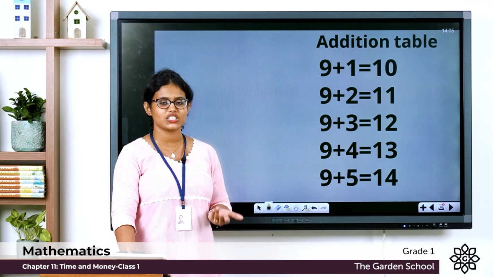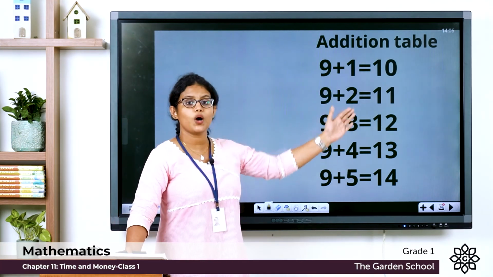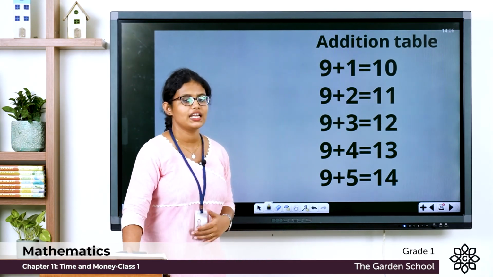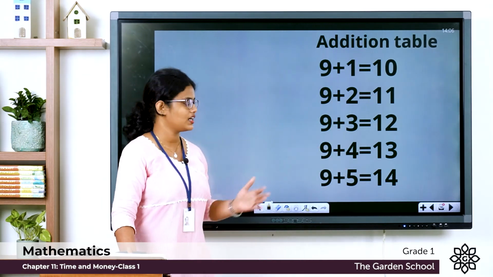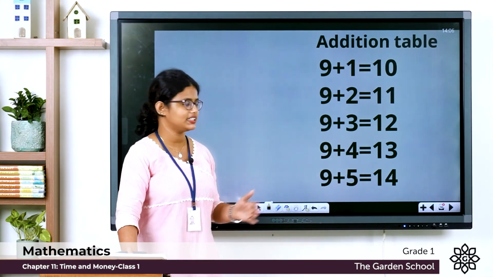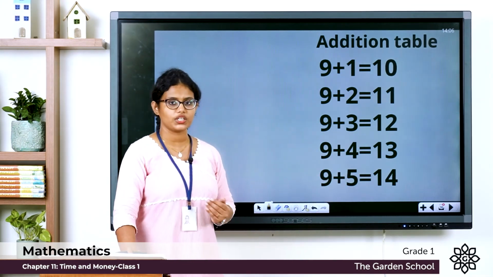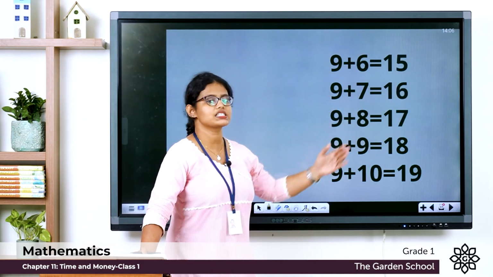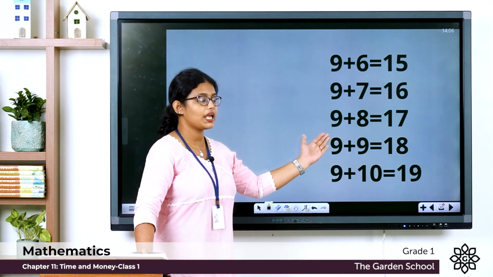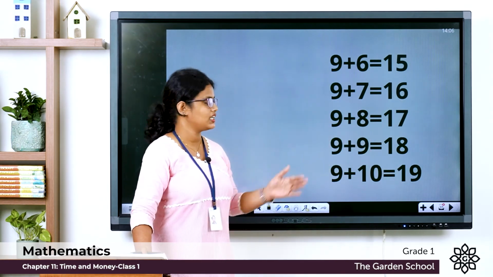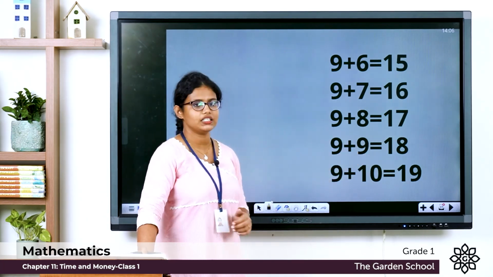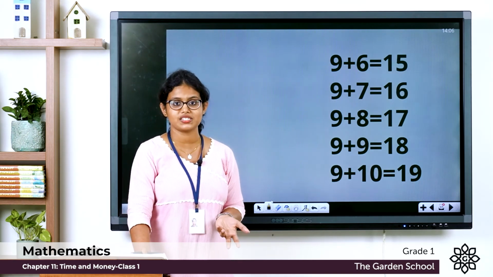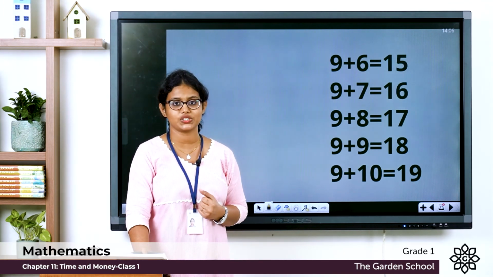You can repeat it along with me. 9 plus 1? 10. 9 plus 2? 11. 9 plus 3? 12. 9 plus 4? 13. 9 plus 5? 14. 9 plus 6? 15. 9 plus 7? 16. 9 plus 8 gives you 17. 9 plus 9? 18. 9 plus 10? 19. So you can repeat this 2 or 3 times. That will help you in your calculations.